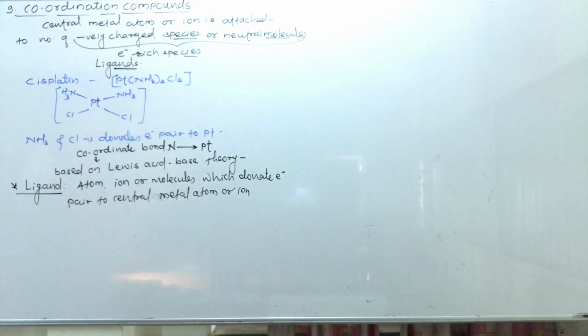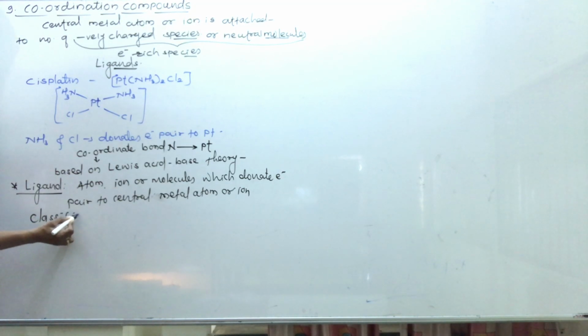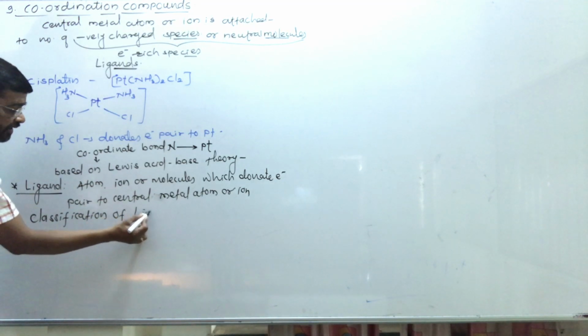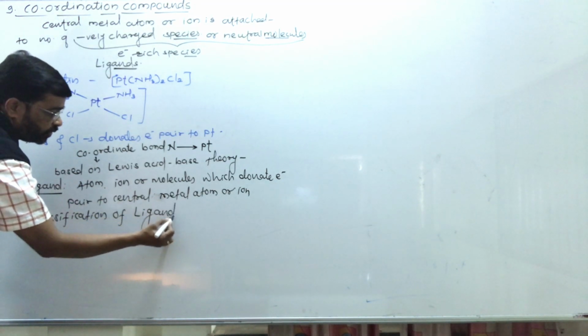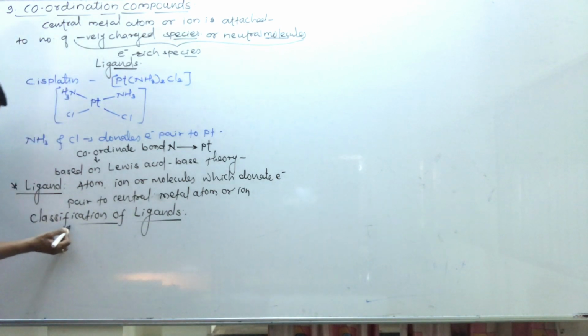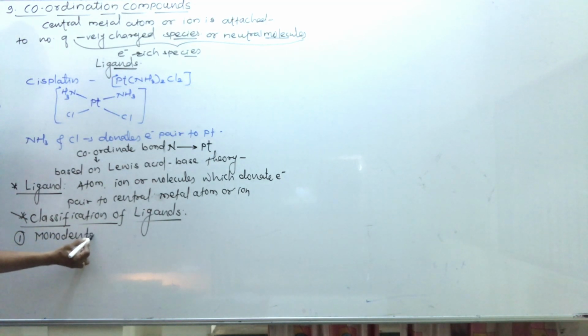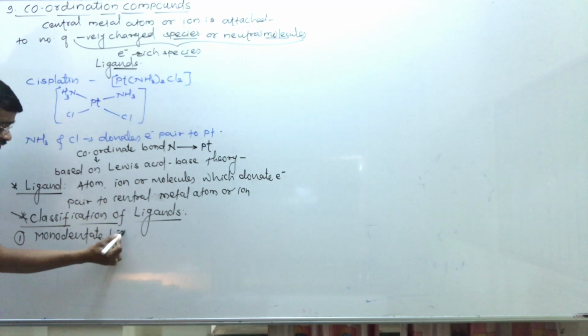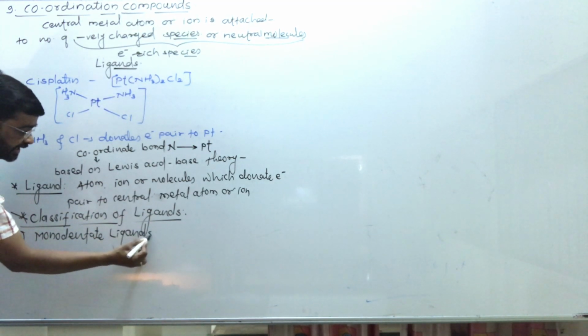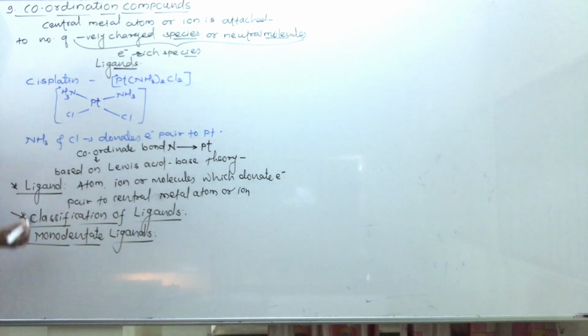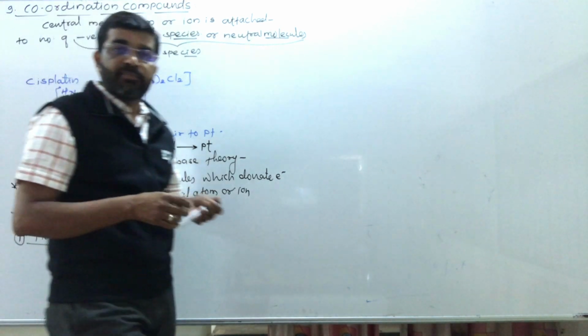Now these ligands are classified. Ligands are classified into different types. So the types of ligands we have to study now. The first type of ligands are monodentate ligands. Later we will study another type also. See, first of all about the monodentate ligand.